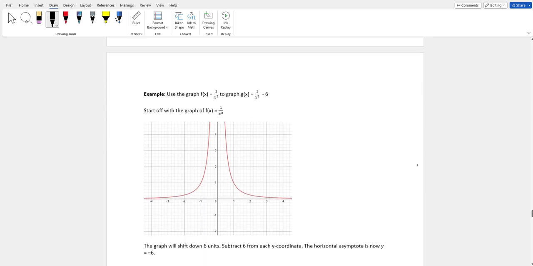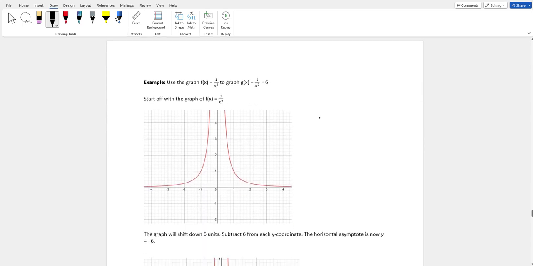Let's try another one. We got the graph of f of x is equal to 1 over x squared. We want to graph g of x is equal to 1 over x squared minus 6. Once again, I start off with 2 graphs on here. I know that -1, 1 is a point on the graph, as well as 1, 1.